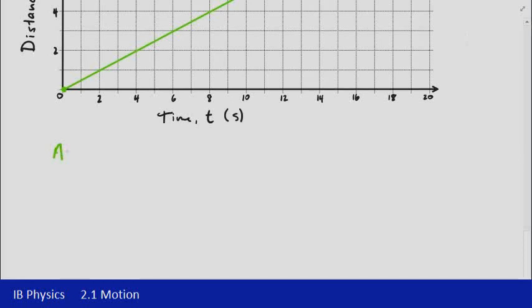If we think about the definition for speed, we said that speed was the rate of change of distance with respect to time, or distance over time.